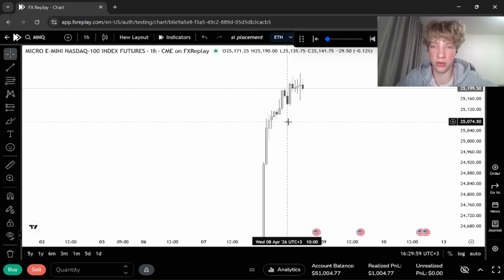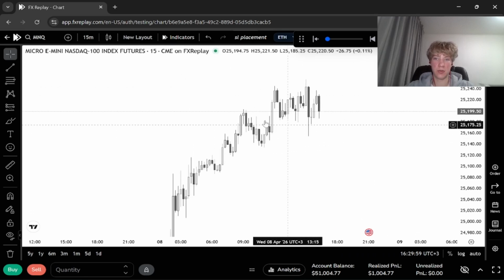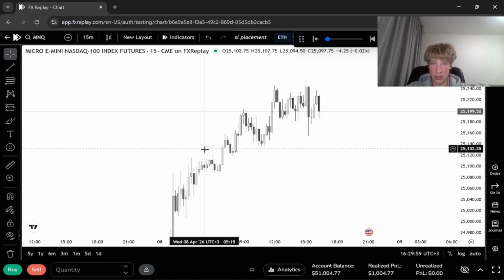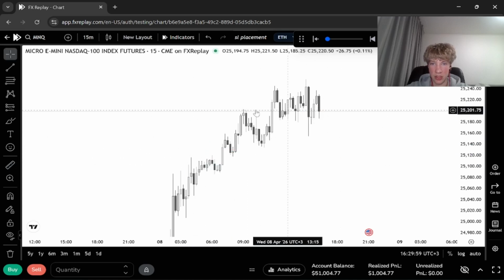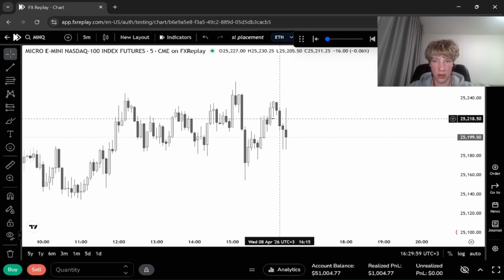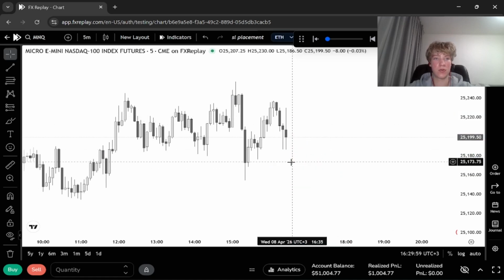Not much going on hourly. On 15 minutes, pretty choppy as well. We do have these gaps, a lot of things happening. We are inside these gaps, having some nice reaction off this 5 minutes.